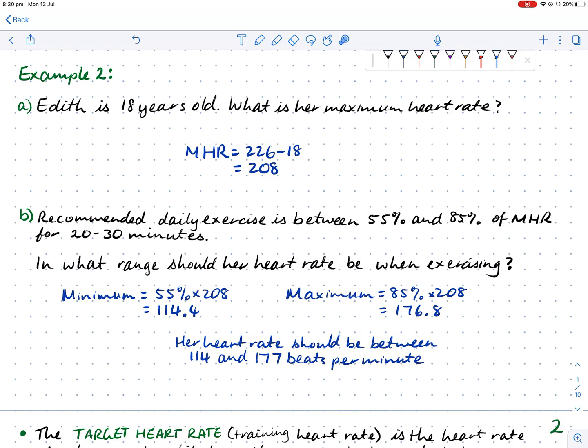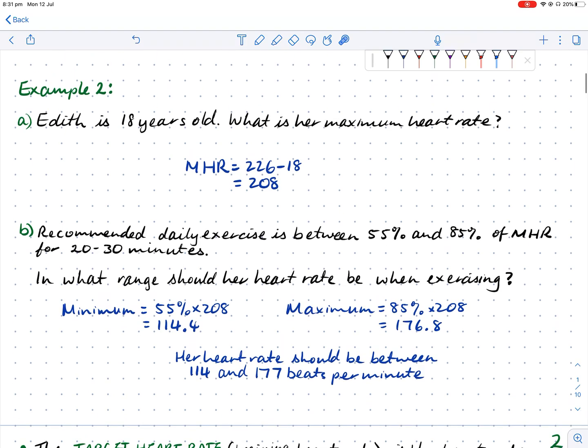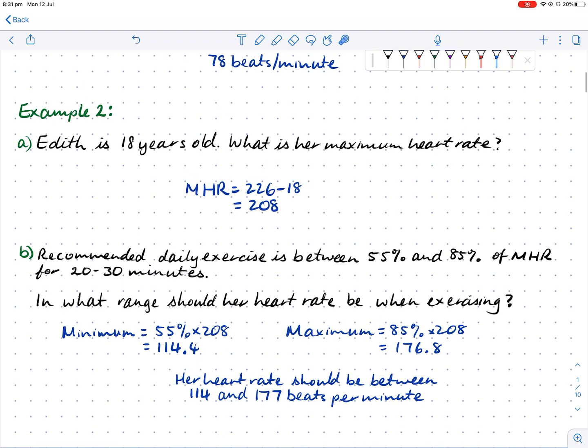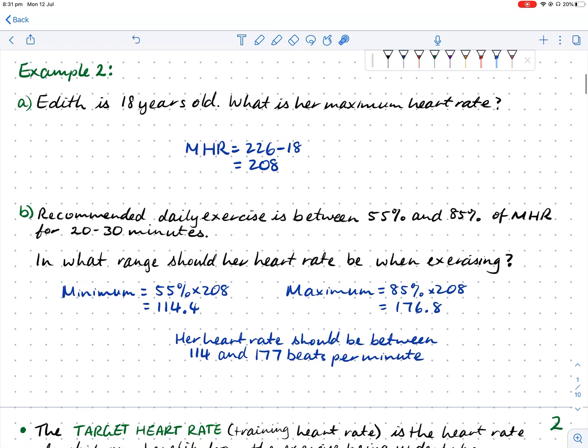So that means, we'll just round this off to the nearest whole number, her heart rate needs to be between 114 and 177 beats per minute in order for her to be doing something beneficial with her exercising. So that's one way that we can look at how we can use the heart rate. So we know that if her heart rate has increased to approximately that, she's doing some good exercise there.